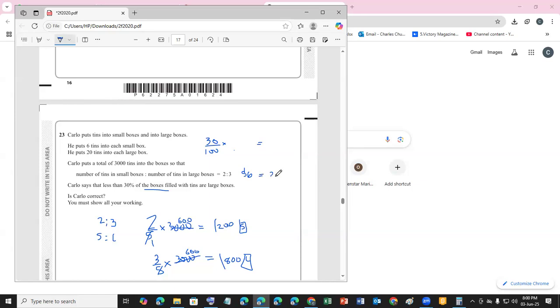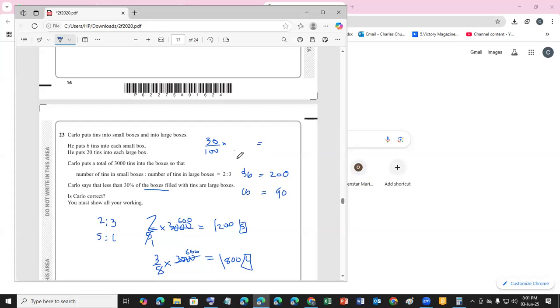That's 200, isn't it? Yes. Okay. The number of large boxes will be 1,800 divided by 20. And that's going to be 90. Okay. So that means altogether, we have 290 boxes.